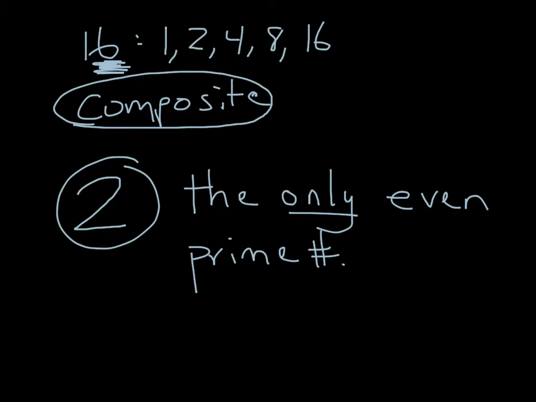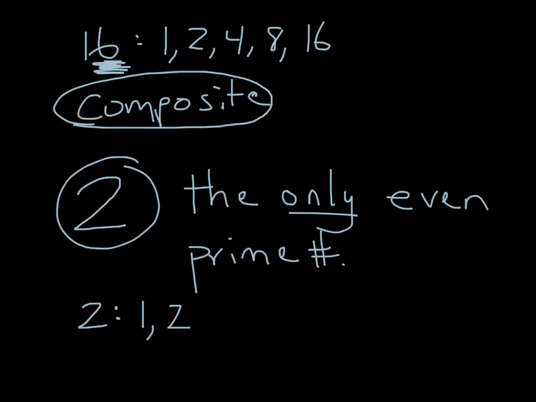The reason that 2 is prime is because, think about it, what are the factors of 2? 1 and 2. Well, look, the only factors are 1 and itself, and that's the definition of a prime number. A prime number is a number that has only 2 factors, 1 and itself, and that's all that 2 has. So even though it's an even number, it's prime. But remember, every other even number is going to be composite.